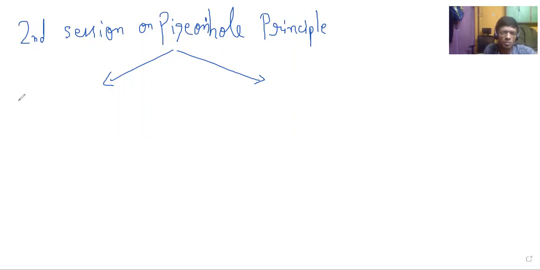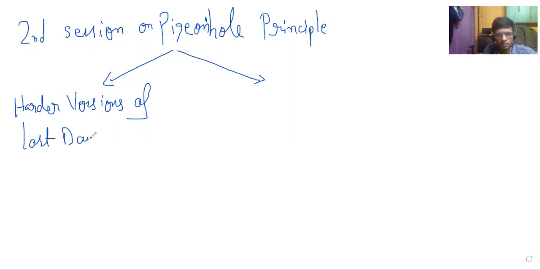One is to do maybe harder versions of last day, and the second is to prove some theorems, to see the usefulness of the Pigeonhole Principle in showing that there are too many things and too few boxes, and so some things repeat.